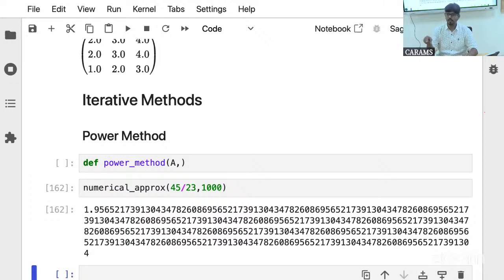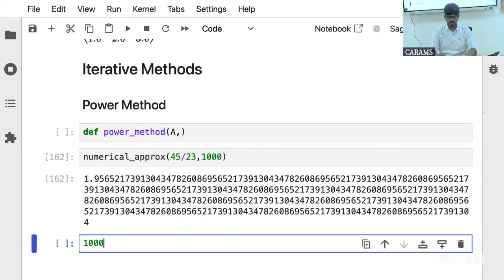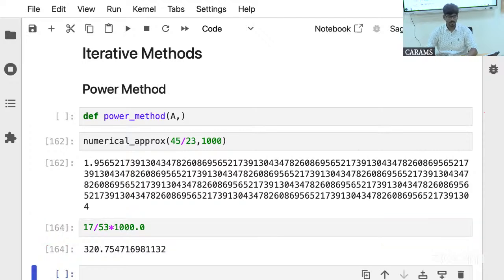So 45 by 23, if you look at that decimal expansion, it is rounded off to 1000 bits of precision. I don't exactly know the number of decimals. Let's calculate it. Yes, it's approximately 300 decimal places.